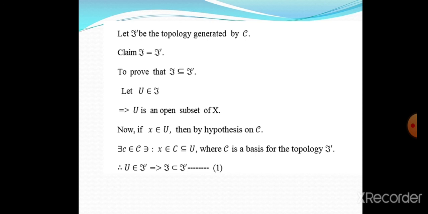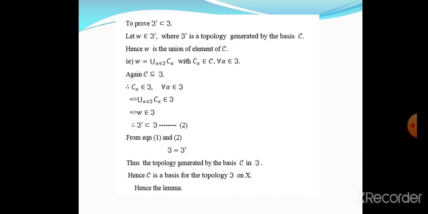Next, we have to prove tau dash is a subset of tau. Let W belong to tau dash.